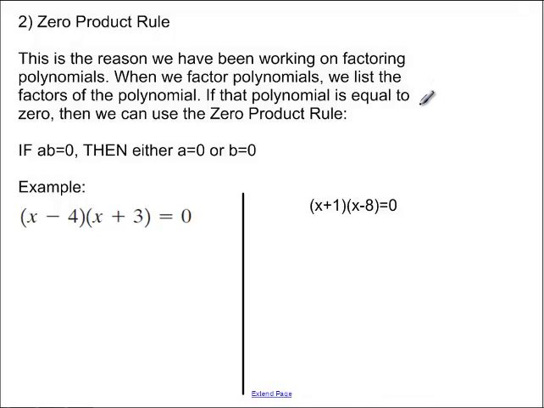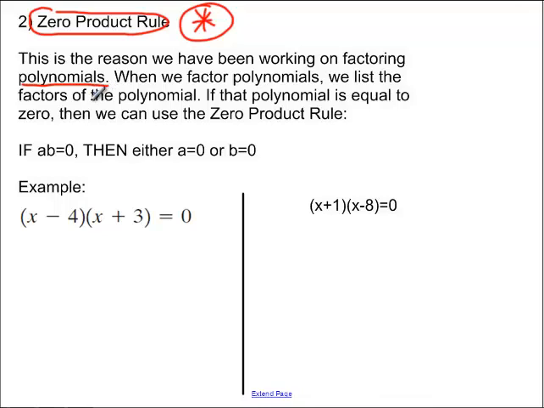What's the zero product rule? One more thing to remember. We're going to add this to our cheat sheet or study guide. Remember, you won't be able to use that in the test, but you'll be able to study from it. This is really the reason that we've been working on factoring polynomials so much. In previous sections we've factored polynomials, and a polynomial is just an expression. There's no equal sign at all. We've been looking at things like x times x minus 3.